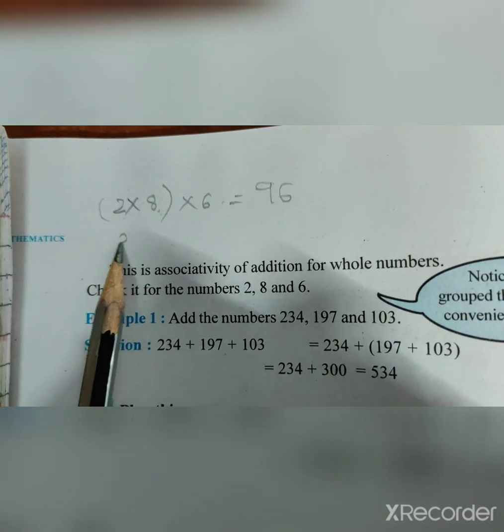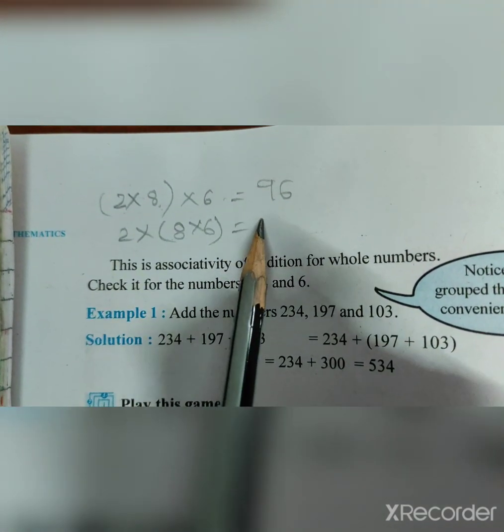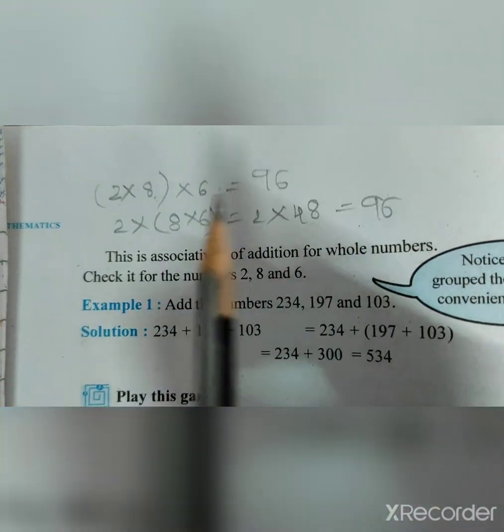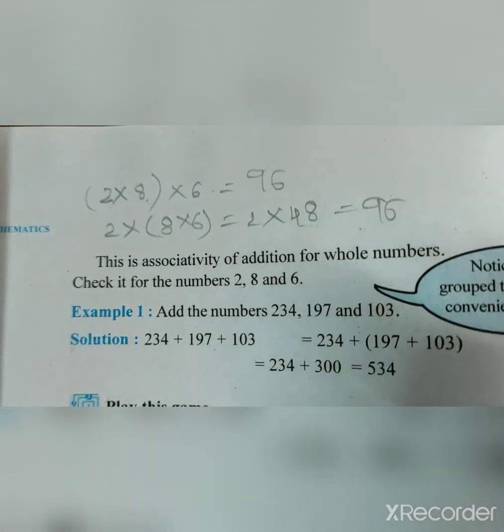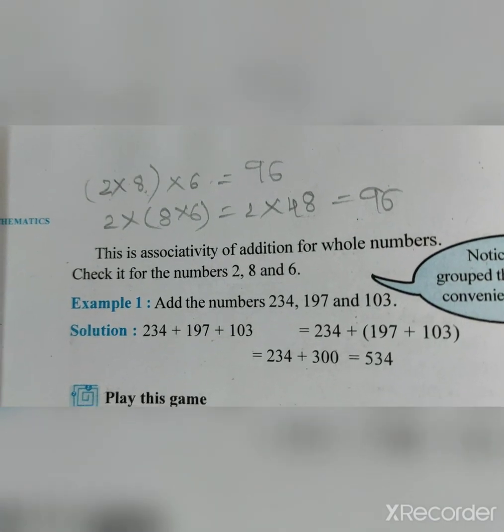Now in the second situation, in both the situations we are getting the same answer, a whole number. So associativity is also applicable on multiplication.